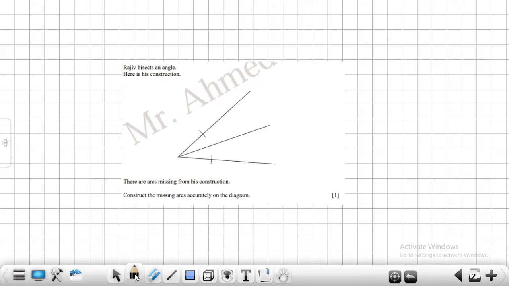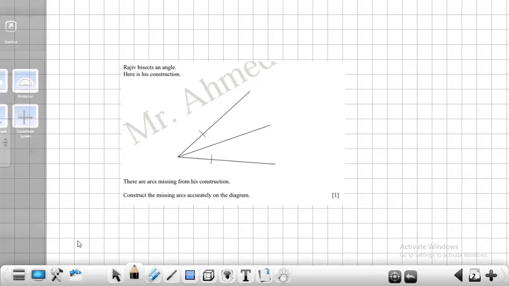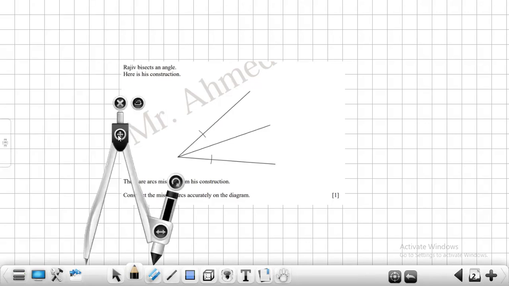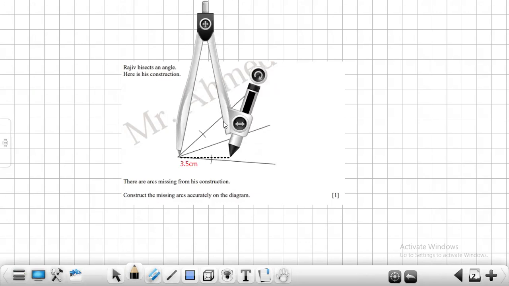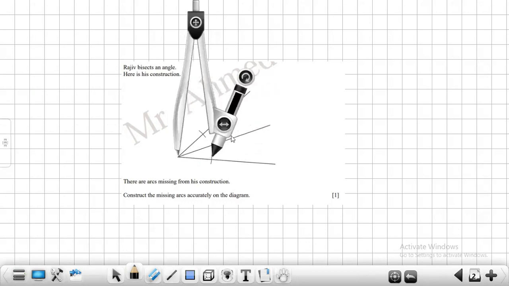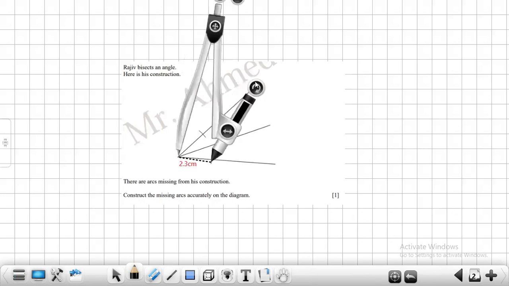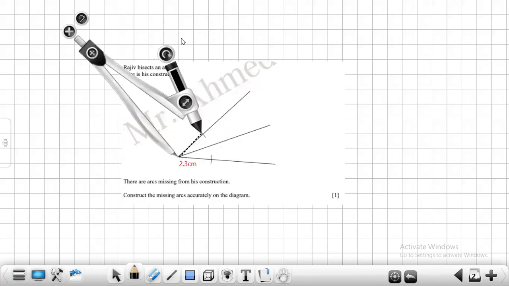But anyway, you must open the compasses over here, exactly the same size as the arcs that are given to you. Now, if you test this, it is the same as this.